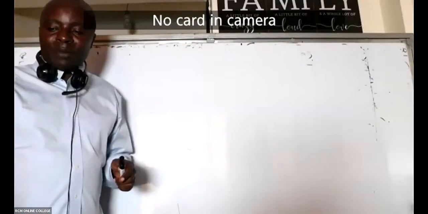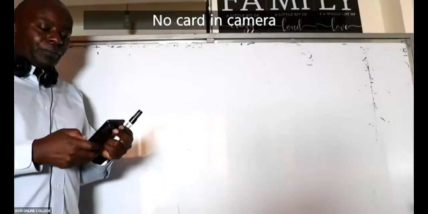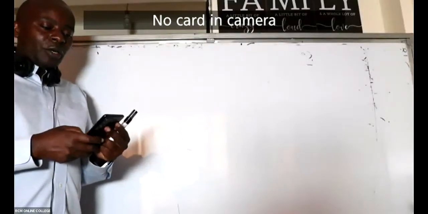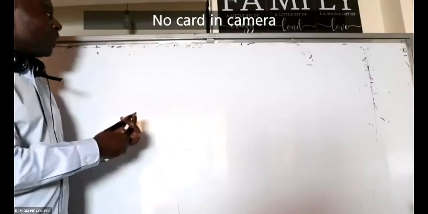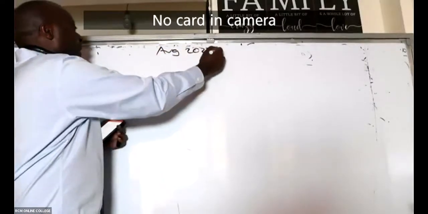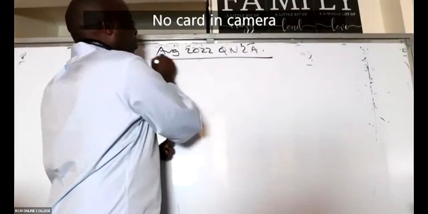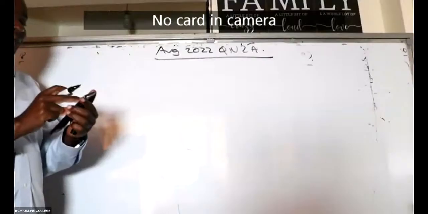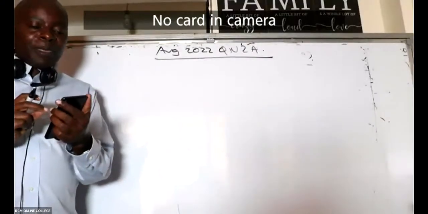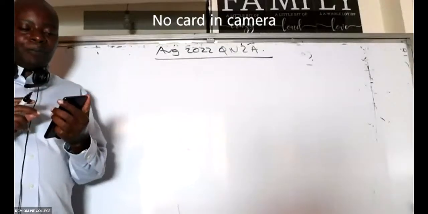And this is how we shall be doing it using this question of August 2022, question number 2A. So we are told here, Libe Limited, debt equity ratio by market value is 2:5.